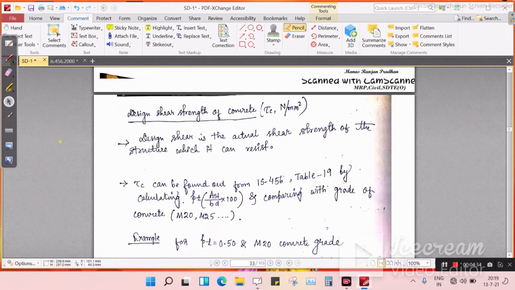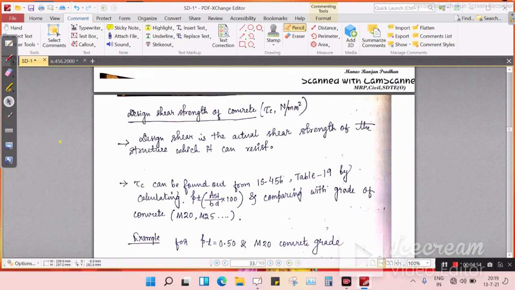Okay. Next, design shear strength of concrete. Design shear strength is the actual shear strength of the structure which it can resist. Point number 2. Tau C can be found out from IS 456 table 19 by calculating the percentage of steel and comparing with the grade of concrete.